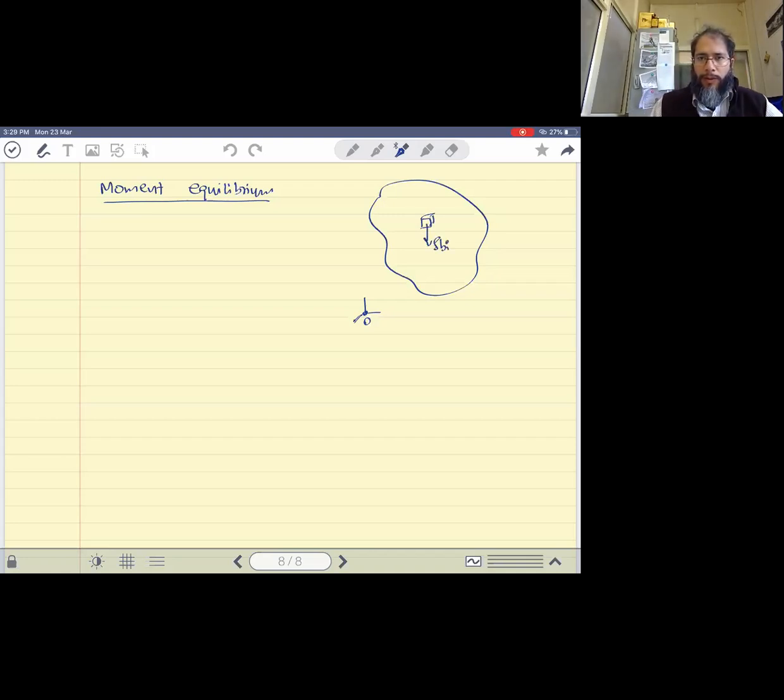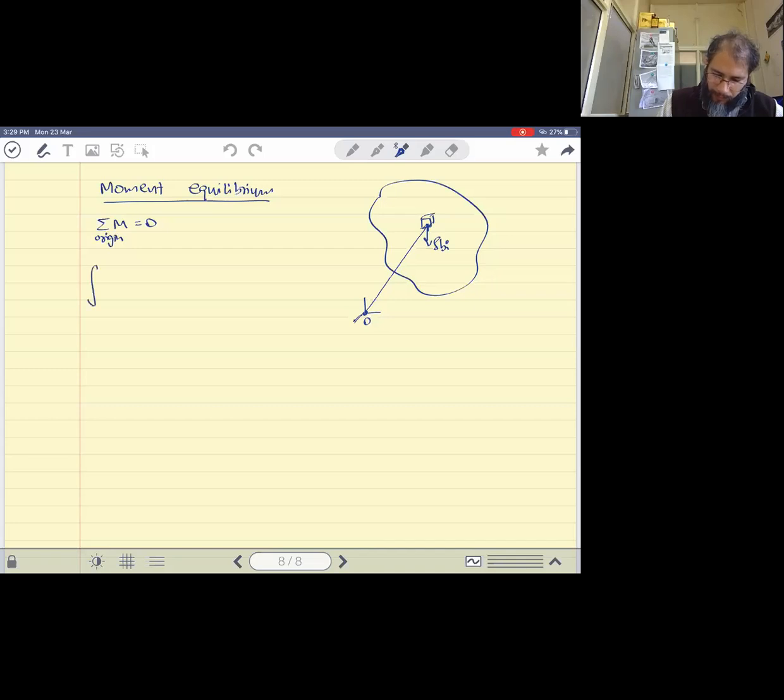So we have the body force acting on some element inside the body. So the torque because of that at point O. So for that we have to find torque using this. So when I write the moment equilibrium, it says that the sum of the moment about origin in this case is 0.